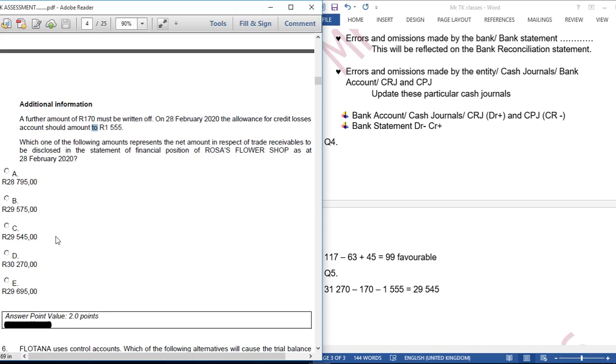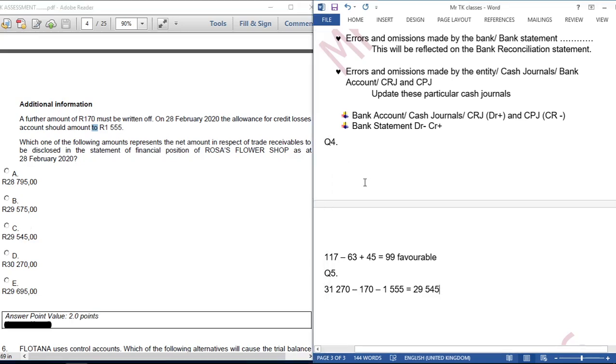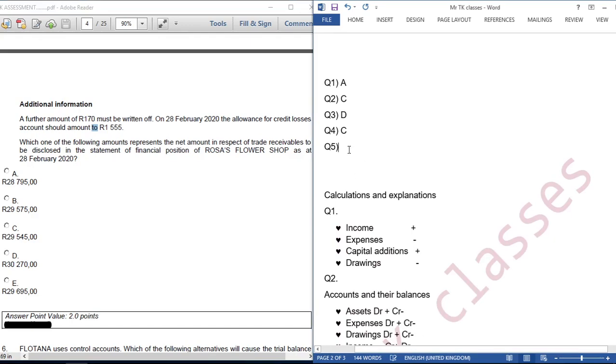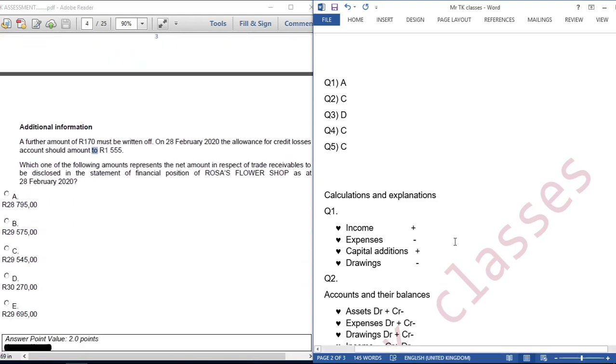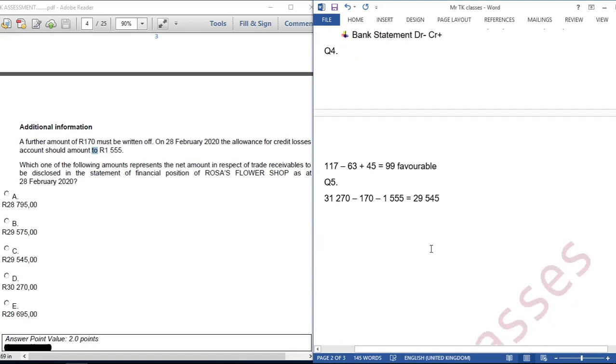I can see that 29,545 is option C. So option C, question 5.